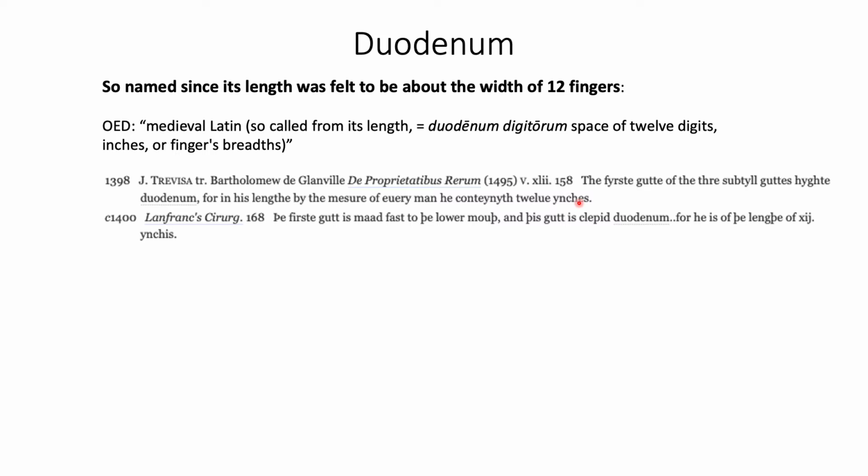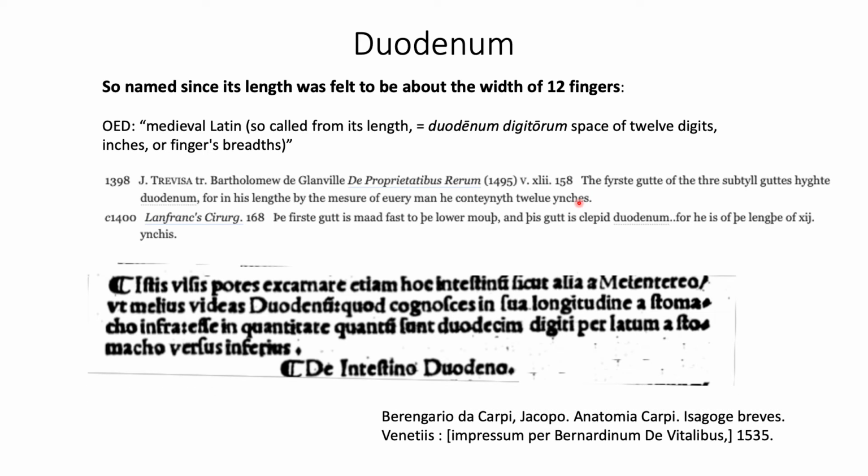The foot itself came into being as a measurement of length. One of the first early recorded instances was in 400, 500 AD with Paulus Aegineta. And here you can see from Berengario da Carpi, a very famous anatomist in Europe, that he was using 12 digits of breadth or width to describe the duodenum.